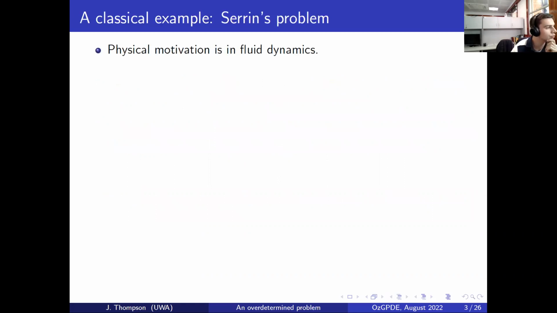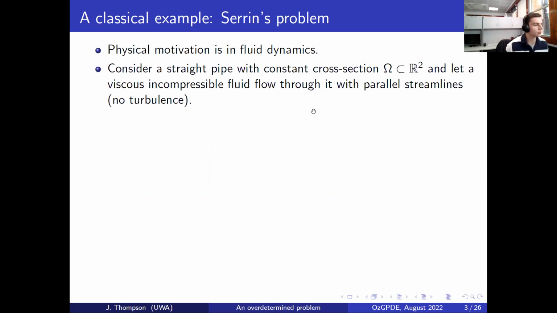Okay, so I'm going to go through the classical example of an overdetermined problem, which is called Serrin's problem. The motivation is in fluid dynamics. We imagine that we have a straight pipe, and it has a constant cross section, which we're going to denote omega.